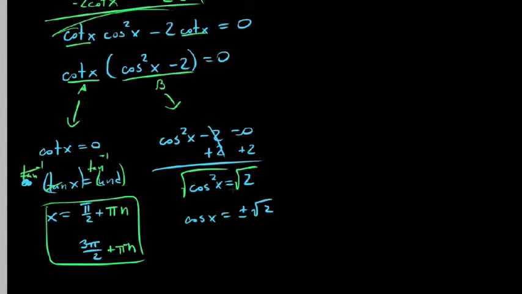In order to solve this equation, this is not a number we're necessarily familiar with, so we take the arccosine, or cosine inverse, of plus or minus radical 2. This is something we could do on a calculator.